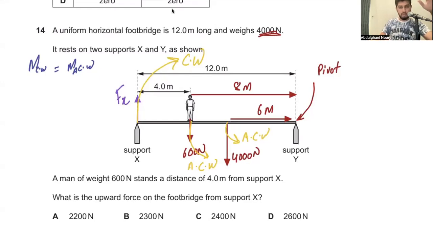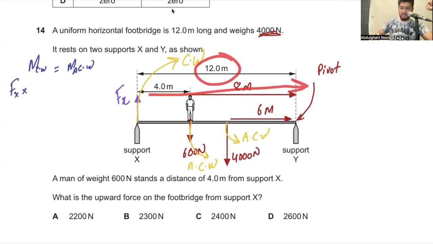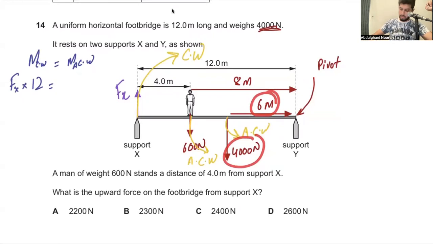The clockwise moment is Fx multiplied by the total distance from the pivot, which is 12 meters. The anti-clockwise moment is 4,000 into 6 plus 600 into 8.